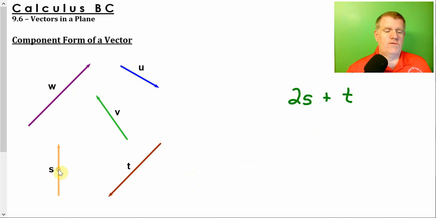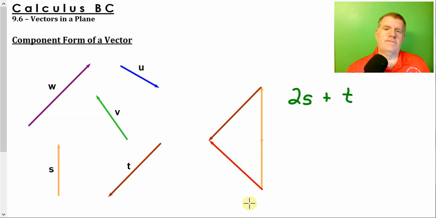So we just take our s, and we want 2 of them, so we're going to double it and add t to it, and now we have a resultant vector, which is the red one. That is 2s plus t.